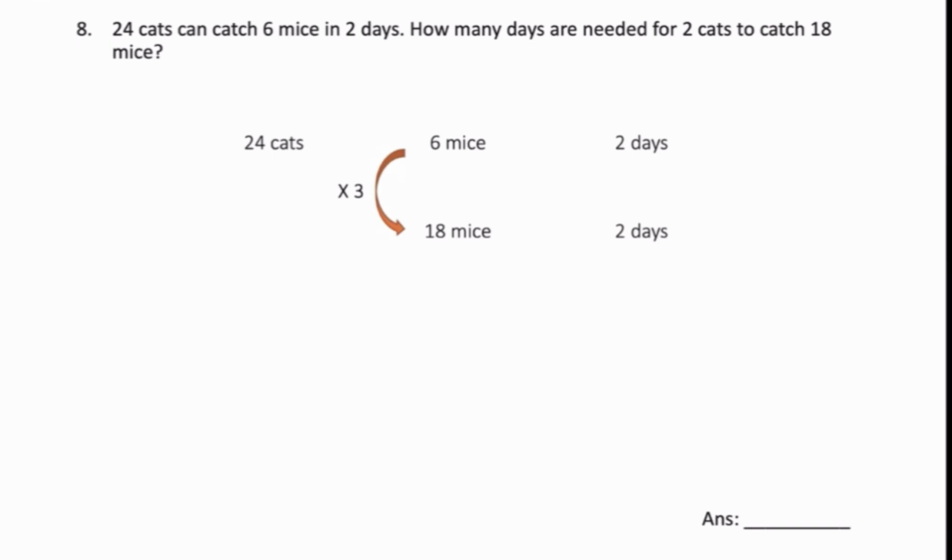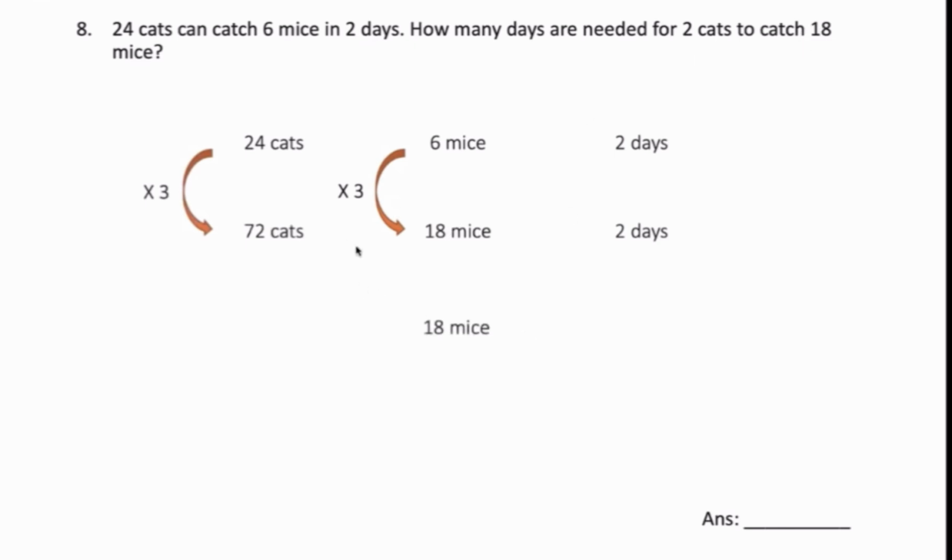To catch more mice in the same number of days, I would need more cats, right? Logic. So more means multiply. So 24 multiplied by 3. All right, so you got 18 mice, matches this, locked it.